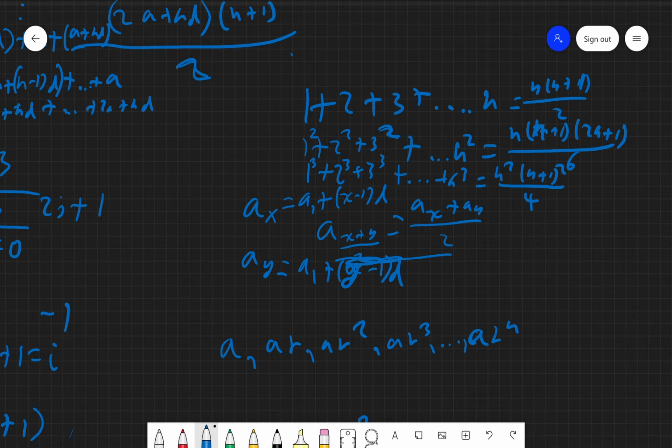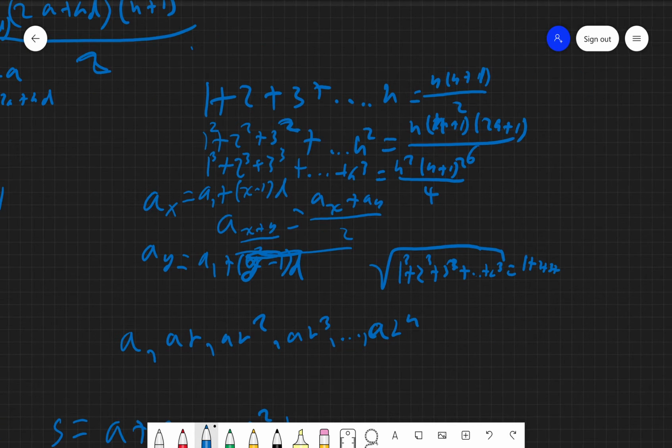Now you might notice this, you feel like, oh, that's so familiar. It is. It's n times n plus 1 over 2 squared, which means that 1 cubed plus 2 cubed plus 3 cubed plus dot dot dot plus n cubed equals the square of 1 plus 2 plus 3 plus so on plus dot dot dot plus n. That's cool, right? So yeah, you can keep going if you want, but it's not necessary.